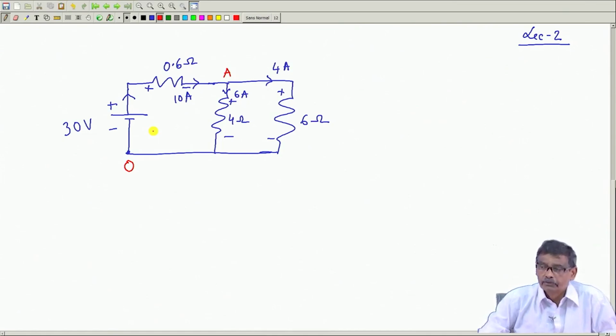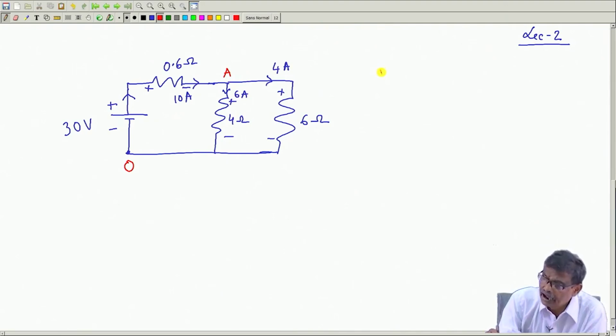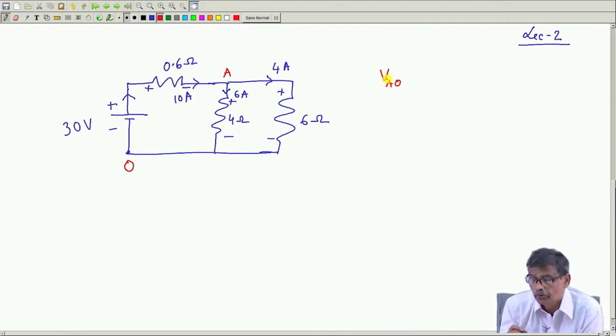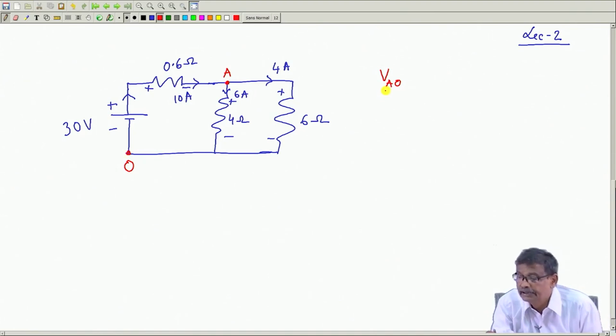How to find it out? And that voltage I will call VAO, that is, I am interested to know potential of this point A with respect to O.